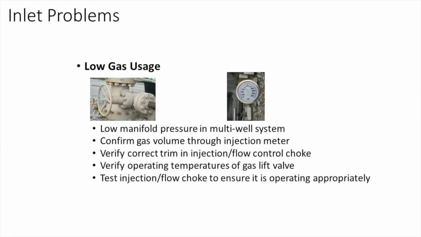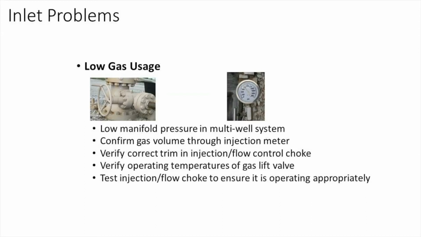So low gas usage is another one that can be identified through our optimization. It's a big one, especially when there's production in the ground that is not being removed. By having a low gas usage, we're not lifting all the fluid out of the well that could be lifted.